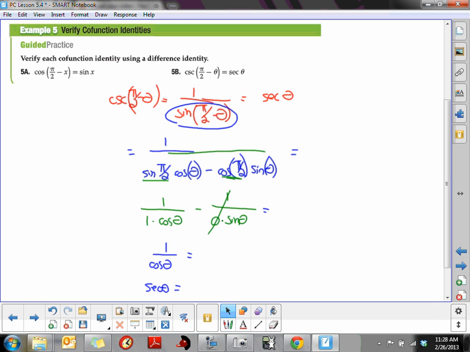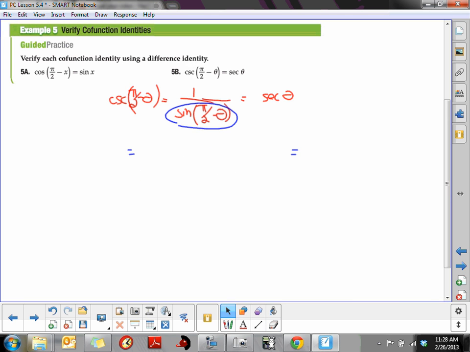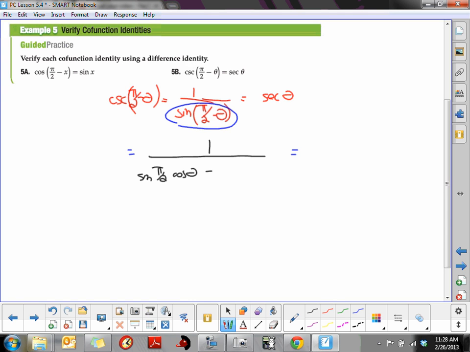I don't know if I should have done that or not, but I don't want to confuse anybody. I first made an error here where I probably should have written it as 1 over the entire thing, the cosine of pi halves times sine of theta.